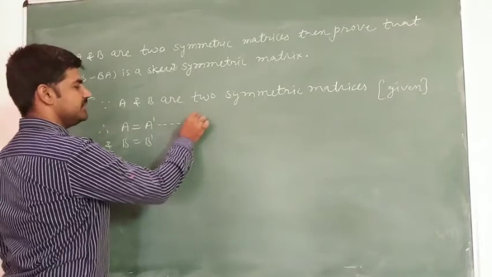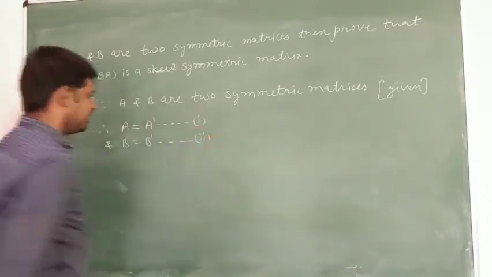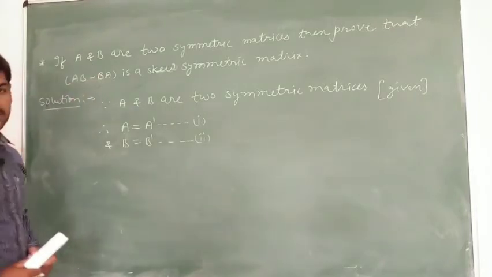We can give them as equation number first and second. Now we have to prove that AB minus BA is a skew symmetric matrix.